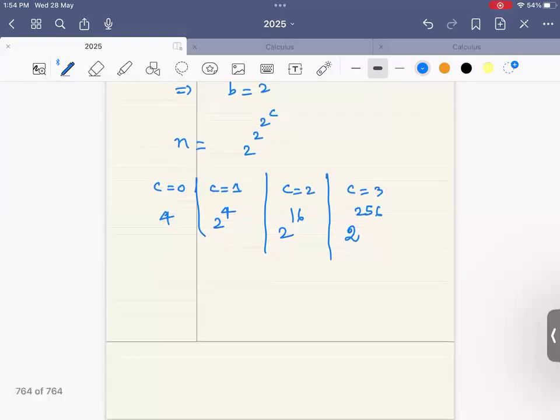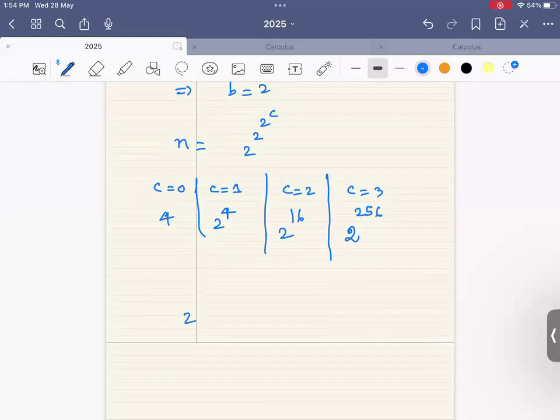And 2 to the power 256 is still less than 10 to the power 100. Why? Because 2 to the power 256 can be thought of as follows.